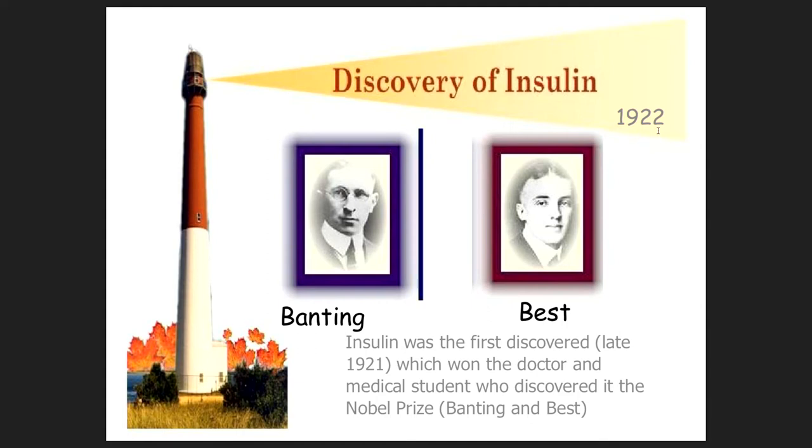From 1922 till this year, 2020, there is nothing else to treat type 1 diabetes apart from insulin. So insulin is still the main therapy, almost 100 years, one century, after its discovery.